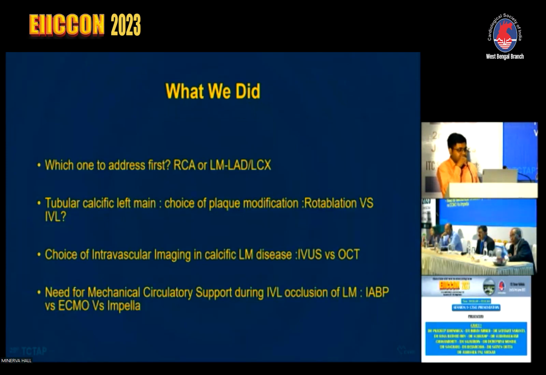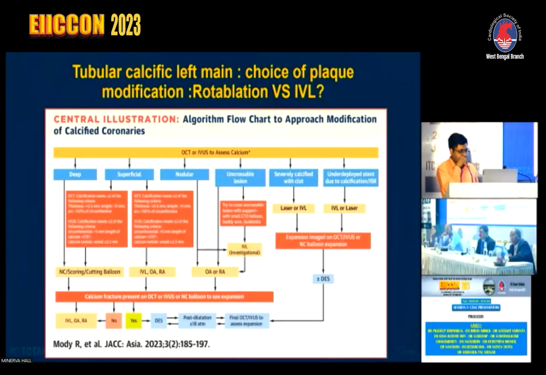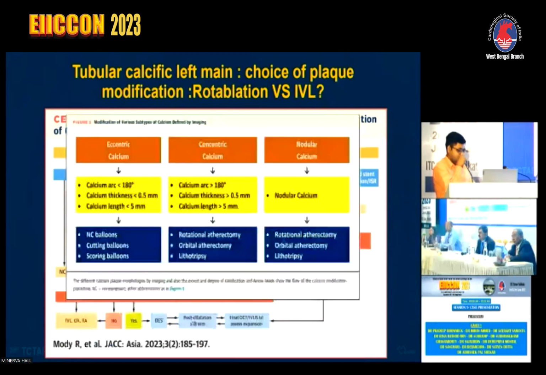And as I also said, we preferred IVL, and this algorithm also shows that we fulfilled the criteria for both IVUS and OCT: more than a 270 degree arc of calcium, a length of more than 5 millimeters, here it was 12, and a definite calcium nodule visible. This was also summarized here, and we have fulfilled all these 3 criteria.